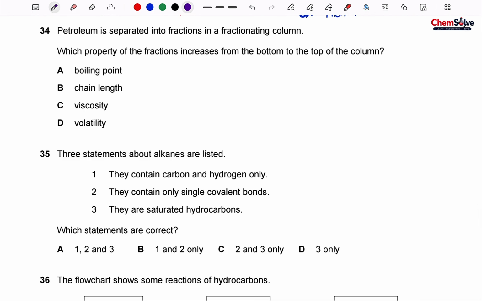34. Petroleum is separated into fractions in a fractionating column. Which property of the fractions increases from top to bottom in the column? Okay, so before looking at the options, just look at what happens when we move from bottom to top.